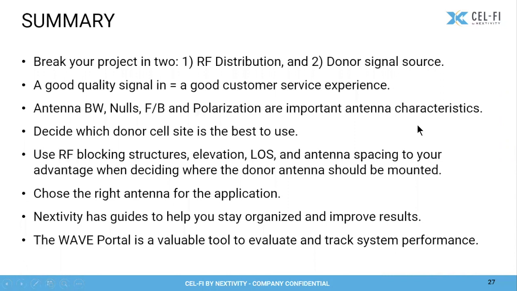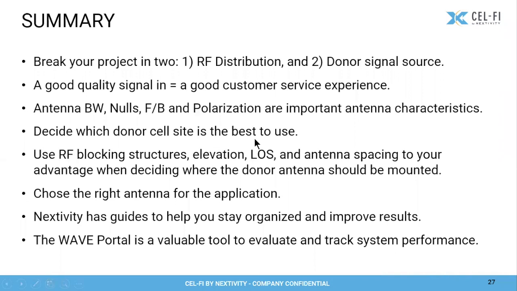We took a look at things other than frequency and impedance and those other parameters on an antenna. We looked at bandwidth, beam width in order to reject interference coming from undesired directions. We looked at null steering on the back of the antenna. We looked at the front to back ratio for isolation. We looked at polarization to increase your signal to noise ratio.